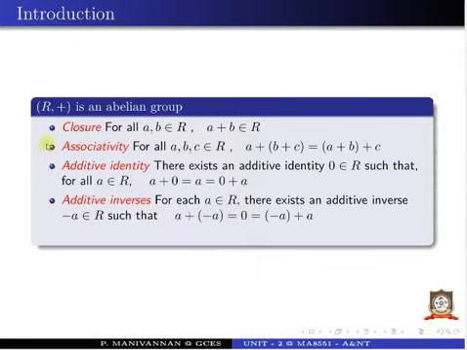Here the first four conditions are satisfied, then it is called a group. Here it is an abelian group, so the fifth condition is commutative. For all a, b belongs to R, a plus b equal to b plus a, then the group R, plus is an abelian group since five conditions are satisfied.